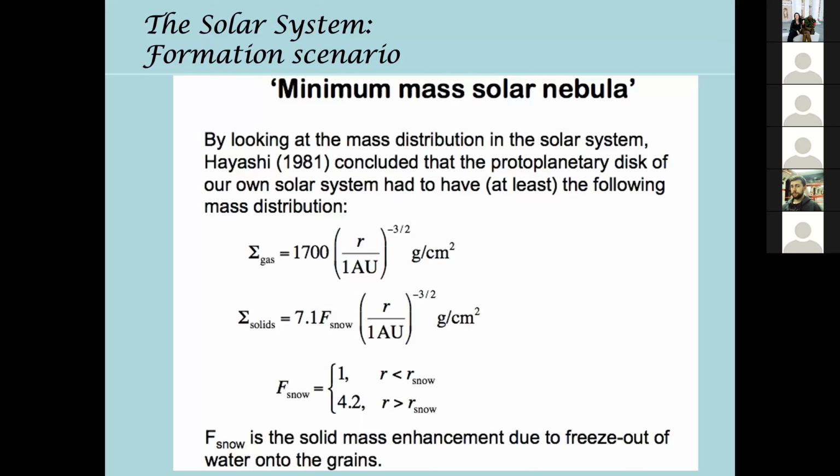So he took the mass of each planet and increased it by adding the light elements like hydrogen. This is especially important for the terrestrial planets, which bear little resemblance to the solar composition. So he increased the amount of mass to reach the solar composition.